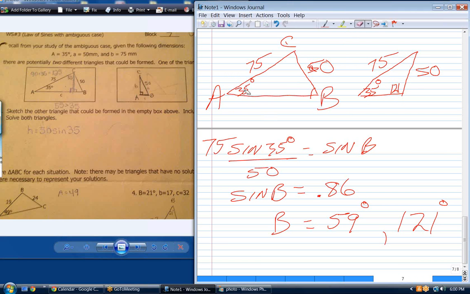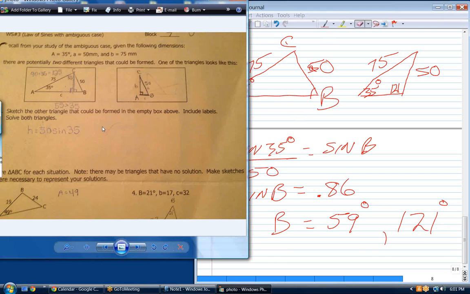If this angle is 92 degrees, then I don't even need to check and determine what this other angle is. I wouldn't spend the time doing it. You can finish solving both of these triangles? Okay. Let's move on to the next problem.